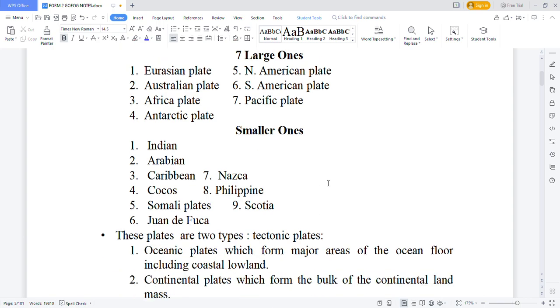Those are the 7 larger ones. Then the smaller ones: Indian, Arabian, Caribbean, Cocos, Somali, Juan de Fuca, Nazca, Philippine, and Scotia plates.